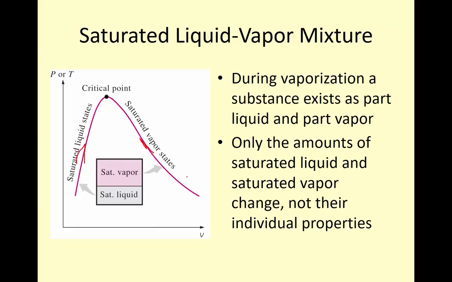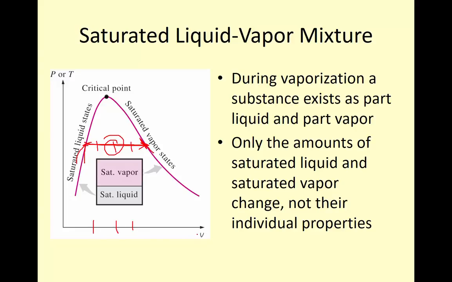But we do know that things can occur in between, and we have previously looked up property values where we're given a specific volume or something, and then we just say, okay, it's a saturated liquid vapor mixture. But we don't really have any additional information about how far it is along this line. So we know it's somewhere on that line, but in many cases we want to fix exactly where it is along that line and be able to look up the other property values.